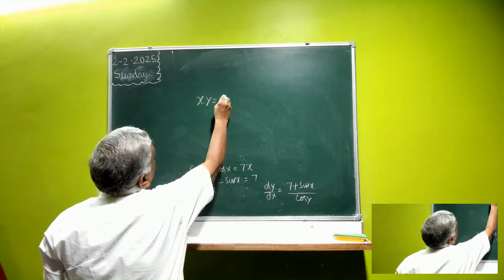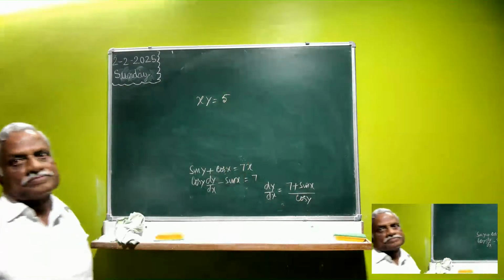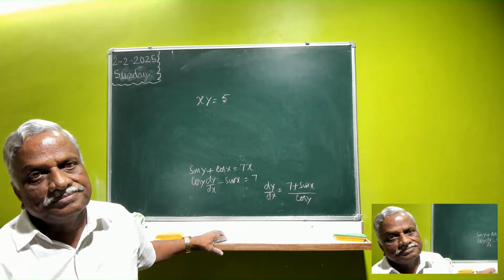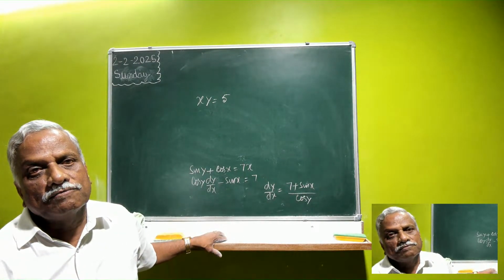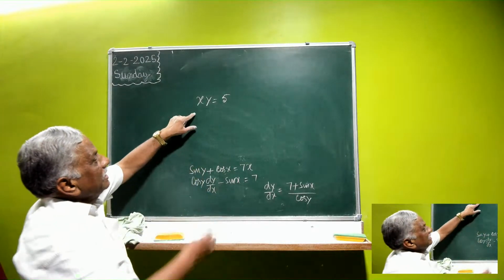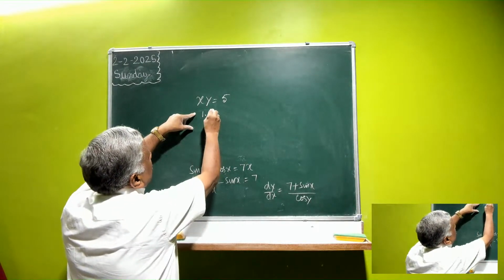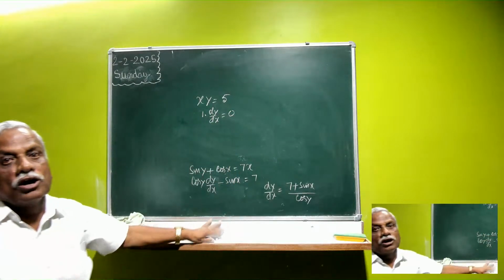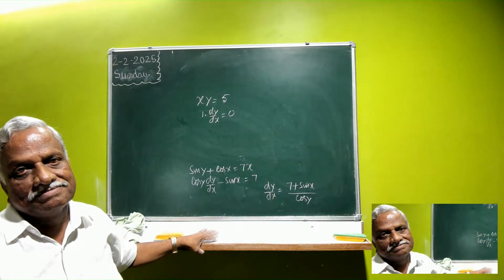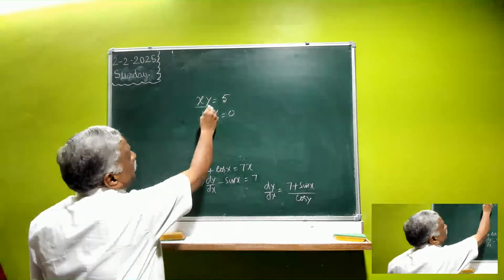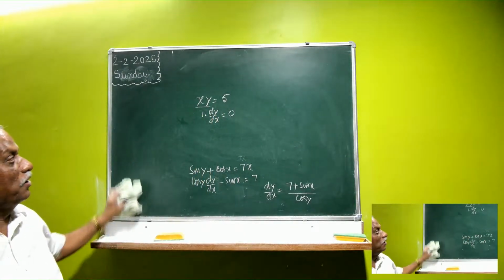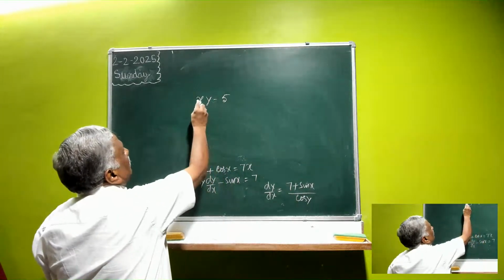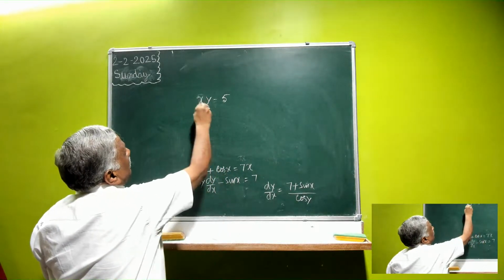xy is equal to 5. When a problem like this is given, I have seen in the classroom, many students will make a fundamental mistake. What is that? Where x is 1 and y is dy by dx, 5 is 0. The normal mistake done by a student. But you should remember, it's a product. So you cannot do it like that. You need to use product rule. What is product rule?